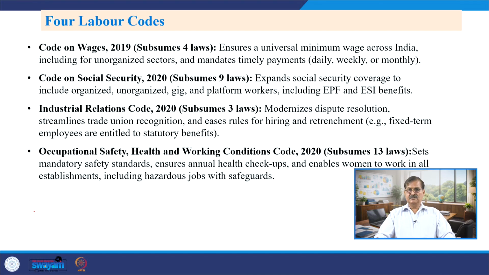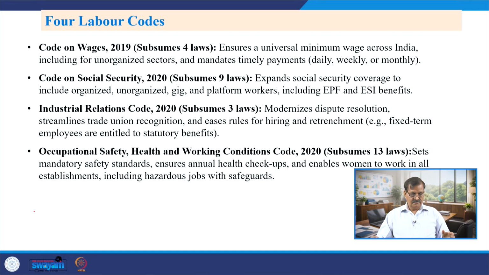And the last labor code is Occupational Safety, Health and Working Conditions. At the workplace, some bare minimum working conditions are required, and safety of workers is very important. So 13 laws were merged together in the form of this labor code, and it sets mandatory safety standards, ensures annual health checkups of the workers, and enables women to work in all establishments, including hazardous jobs, with safeguards.